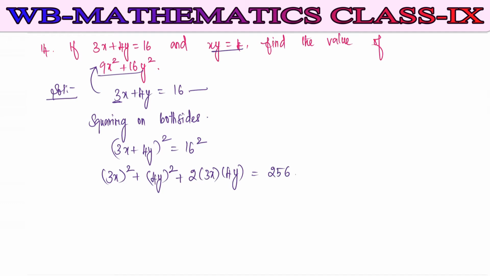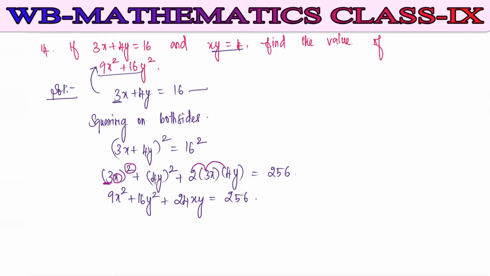So here 3x square, this square is common for both the value and the variable. So I can write 9x square, 4 square is 16, y square is y square, plus here you need to multiply 2 into 3, 2 3s are 6, 6 4s are 24. So we got 24xy is equal to 256.